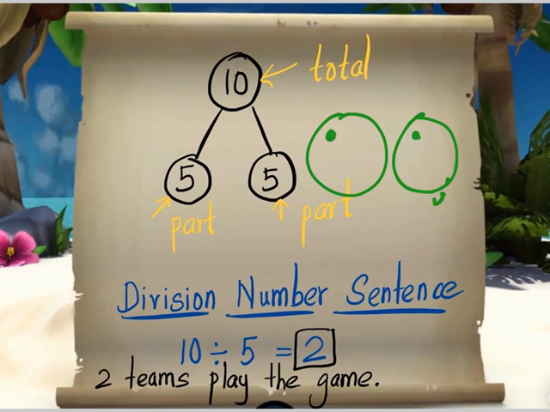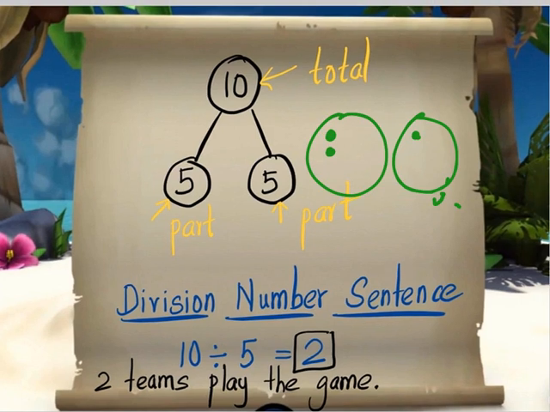So 1, 2, 3, 4, 5, 6, 7, 8, 9, 10. So this is how I have divided the 10 into 2 equal groups of 5.